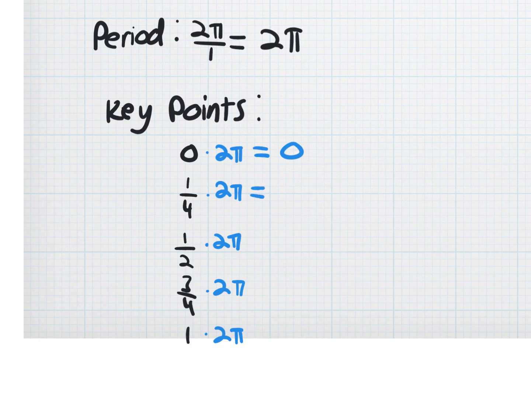We actually did these numbers in the previous example, so we should get the same thing. When you simplify, this is going to get you pi over 2. This is going to get us pi. This is going to get us 3 pi over 2, and this is going to get us 2 pi.